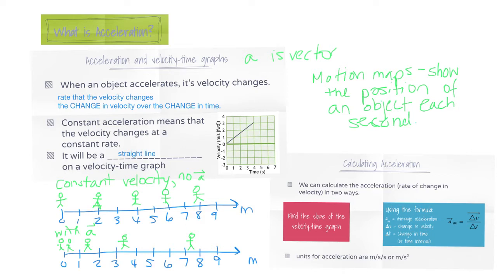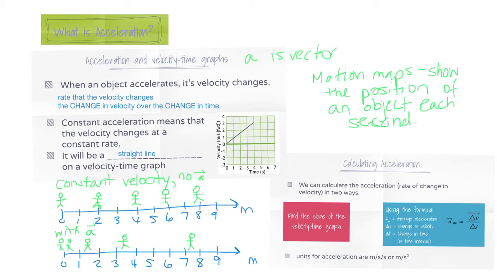When you see that position, you can see how far they've gone every second because it's 1 second intervals. It really does show what's happening. So constant velocity, they just move the same amount every second. With acceleration, they're going to move further and further with every second.